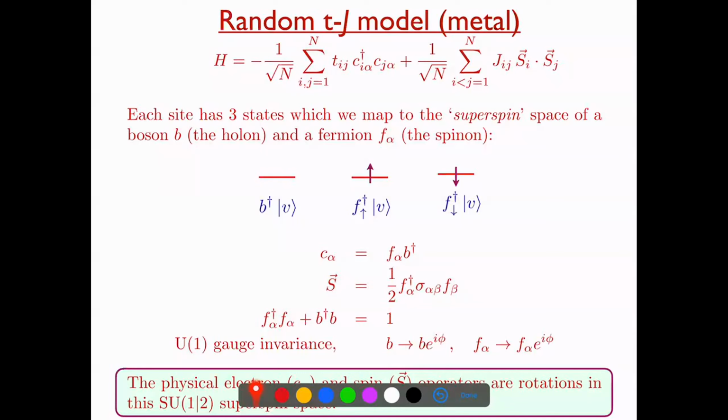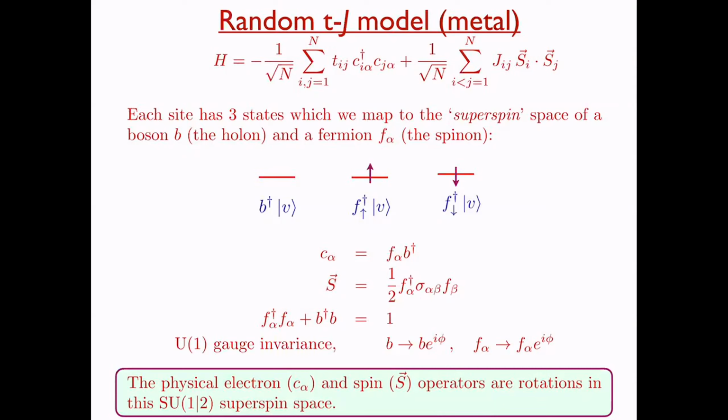It's not an ordinary group. What kind of supergroup is this? Well, if you have 3 states and you're doing ordinary bosonic rotations in 3 states, you'd get the group SU(3). So this turns out to be what's called the group SU(1|2). 1 + 2 is 3, just telling you that one direction is bosonic and 2 directions are fermionic. That's all. But other than that, the whole formalism for the t-J model is almost identical to the formalism for the J models.